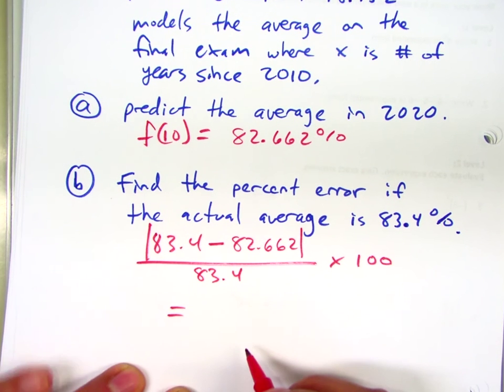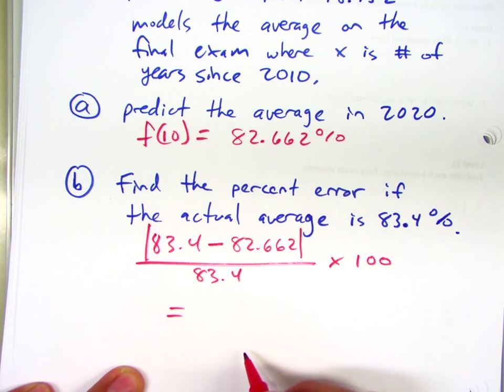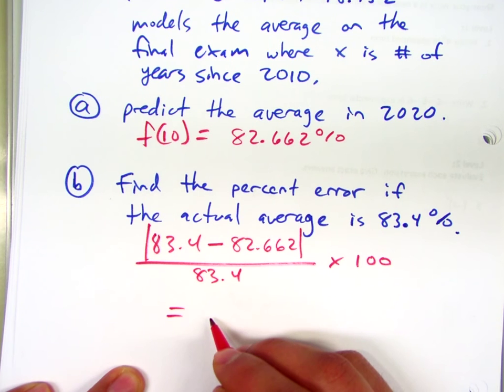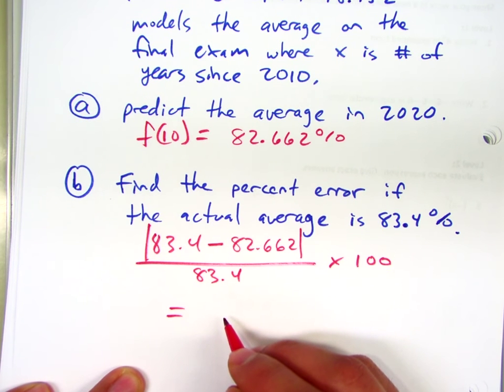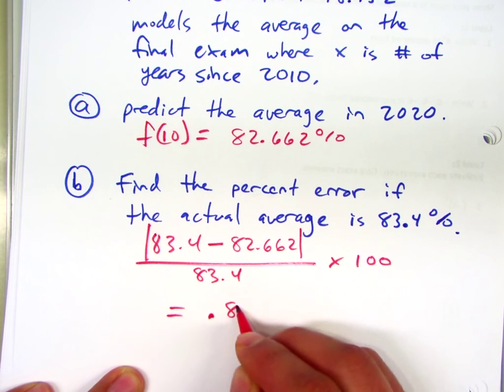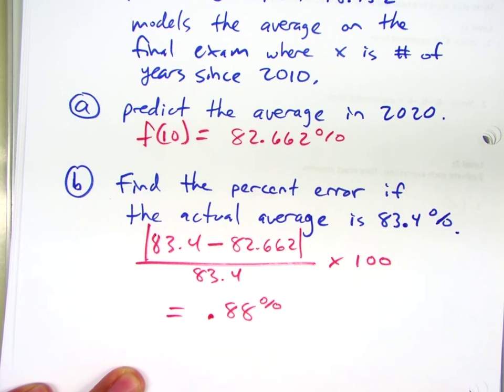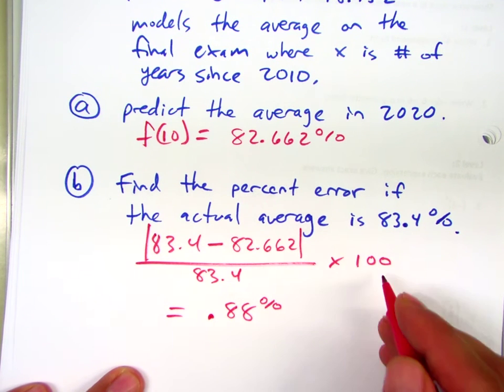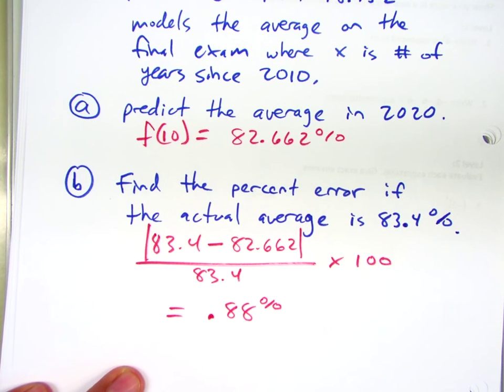It's 0.0088, whatever. Multiply by 100, right? So it's just under a 1% error. That is pretty good. Does that make sense? Yes. Cool. Let's move on.